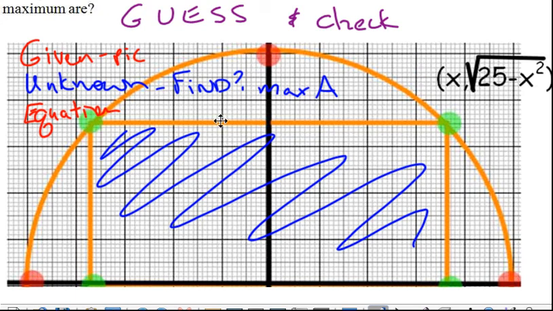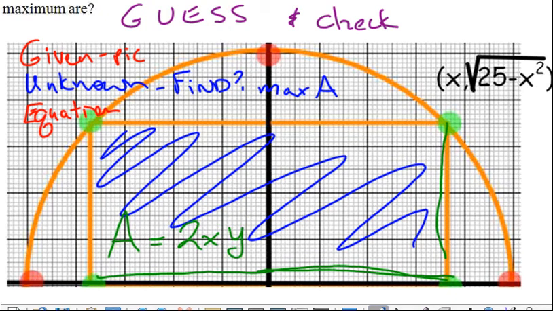So this area is going to be equal to 2x times the height, which we could just call y, 2x times y. So the next letter is S for substitute.